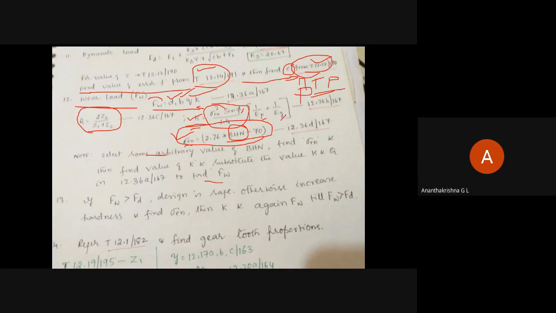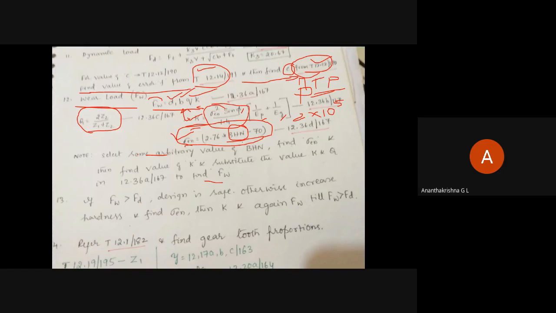EP and EG are the Young's moduli of pinion material and gear material. If not given, we can choose 2 into 10 power 5 as the Young's modulus value for both pinion and gear. Calculate K, substitute this K into the FW equation, see whether FW is greater than FD.